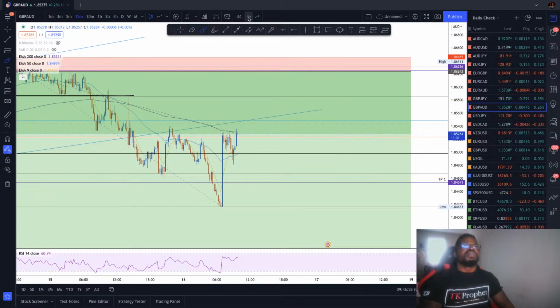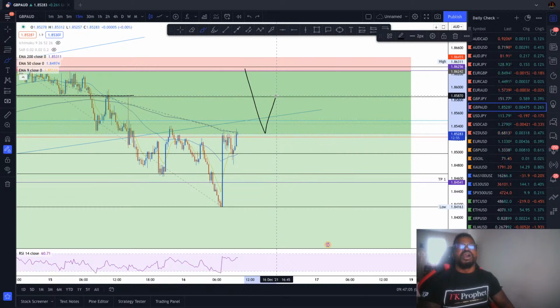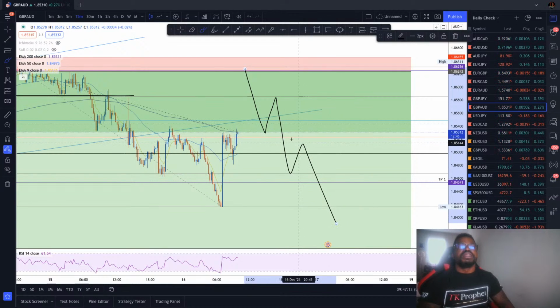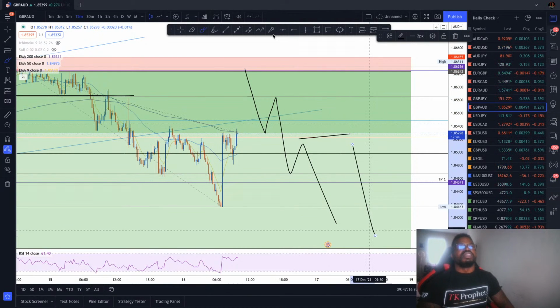You'll have what they refer to as impulses, sharp moves that pull down, and the pullbacks are also referred to as retracements. So what I'm trying to do is measure how far a retracement could come back before a continuation in the trend.